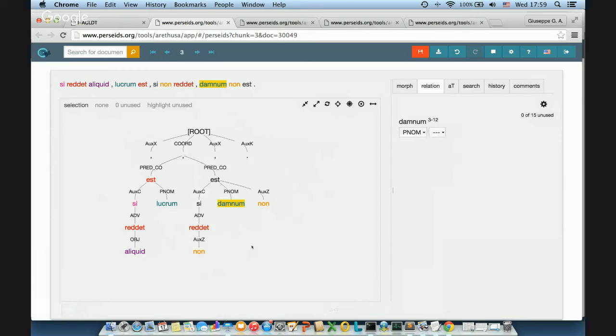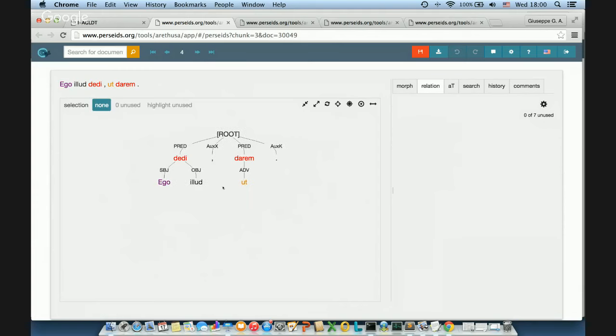And this is the translation, and this is the syntactic tree for this sentence. Again, very briefly, because I don't have much time left at this point.